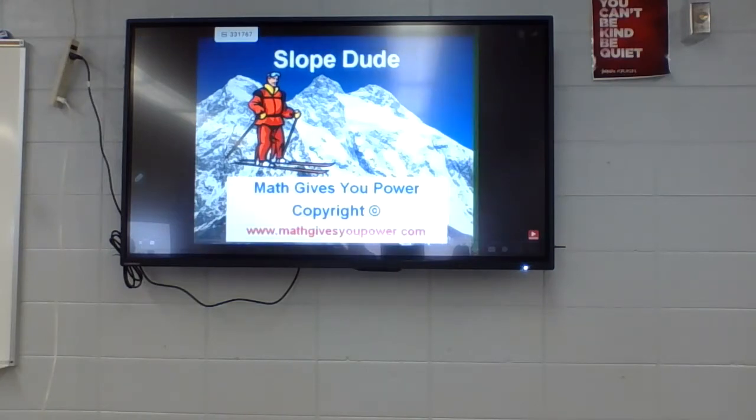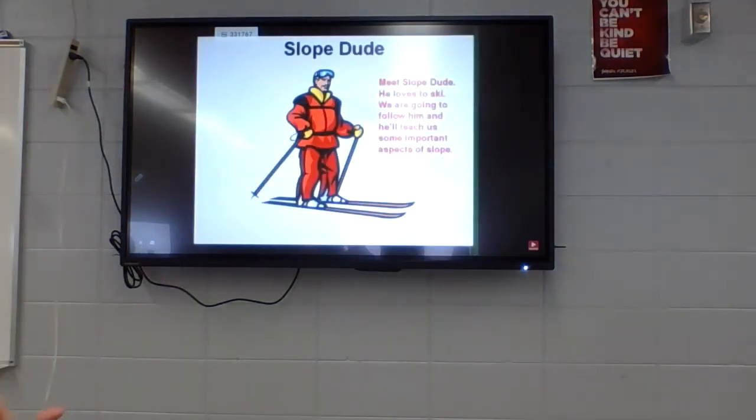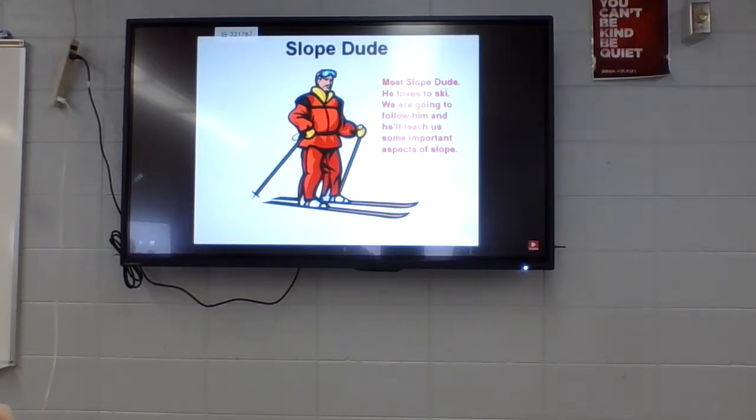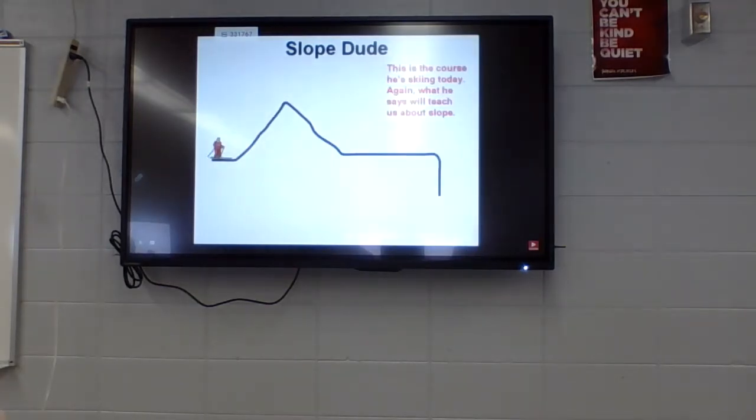Welcome to the adventure of Slope Dude. Meet Slope Dude. He loves to ski. We are going to follow him and he'll teach us some important aspects of slope. This is the course he's skiing today. Again, what he says will teach us about slope. You need to remember that Slope Dude always skis toward the right or eastward. When he starts out, he's going uphill. It's hard work.